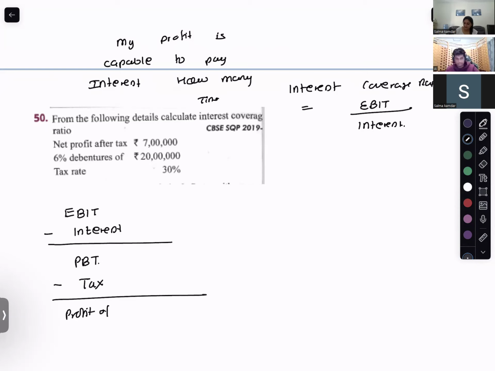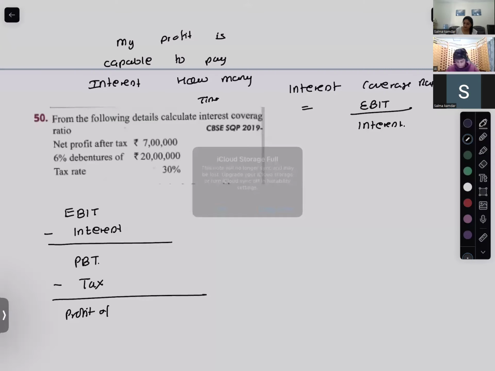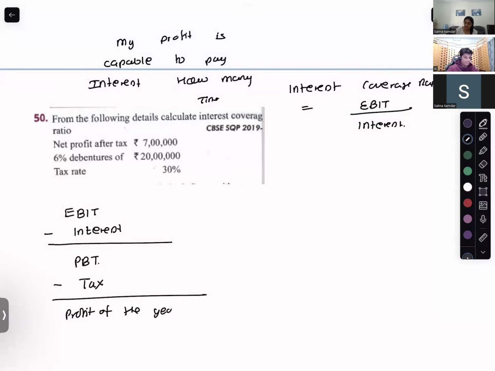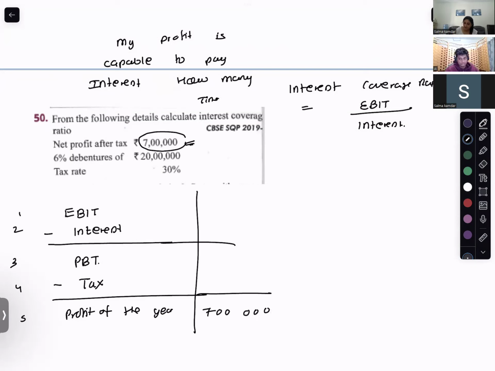Very good. They have given tax. First, they've given net profit after tax. Which row number have they given? Row number 5. Very good. But I need row number 1, right? They've given tax at 30 percentage.